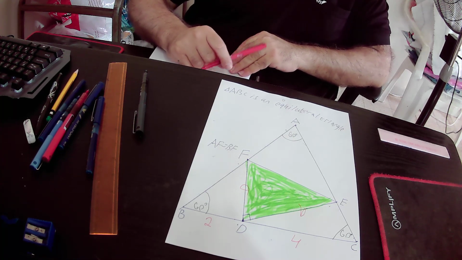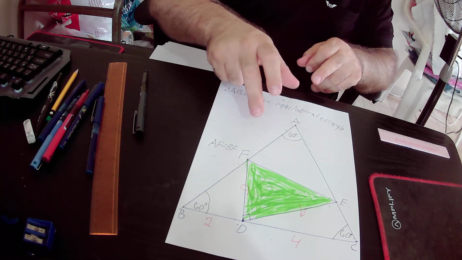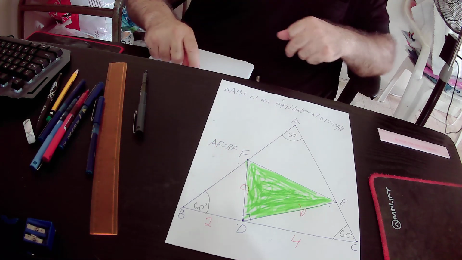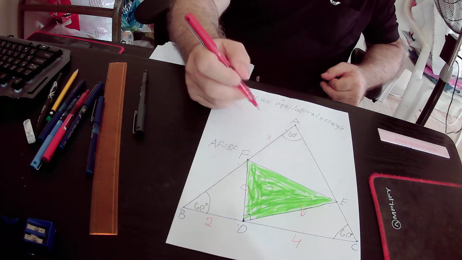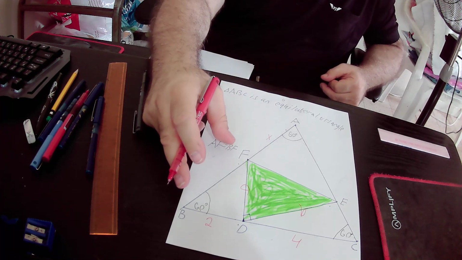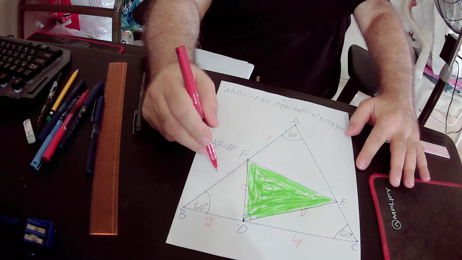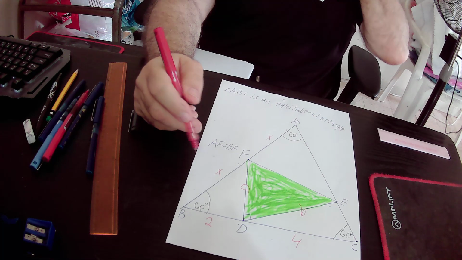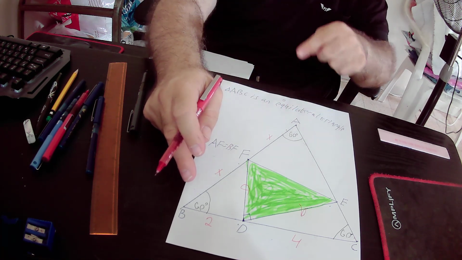first of all we know that AF equals BF. So if we define AF as X, then BF will also equal X. So what is the size of side AB of the equilateral triangle?